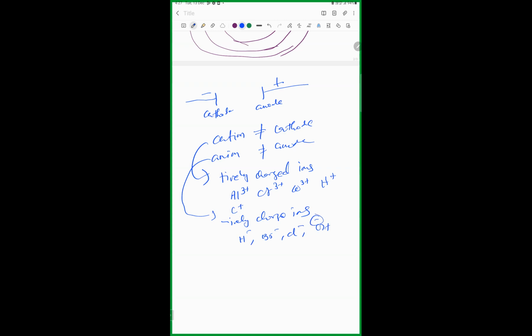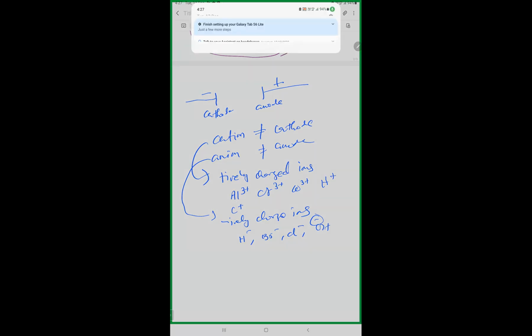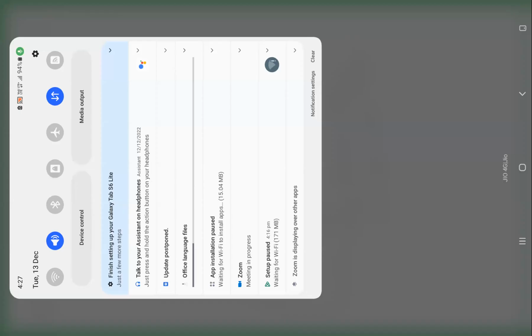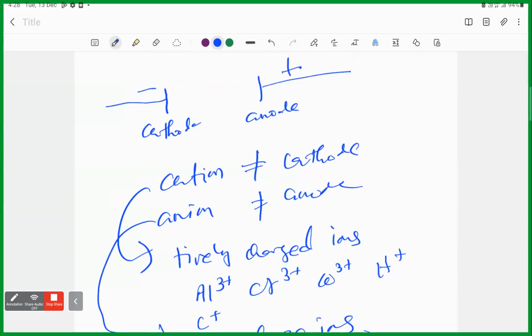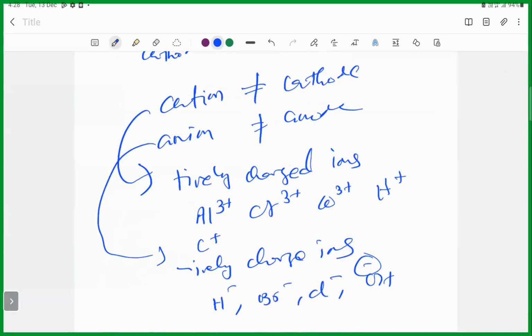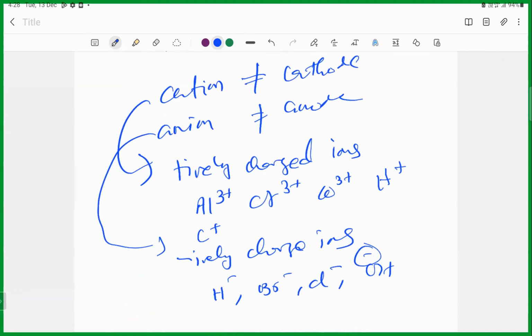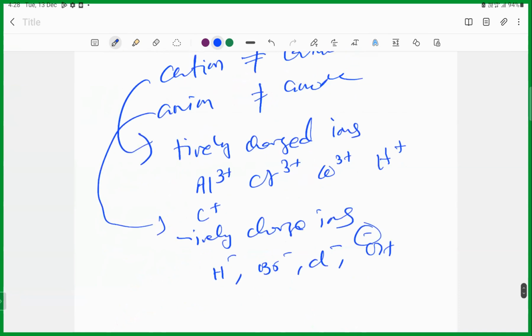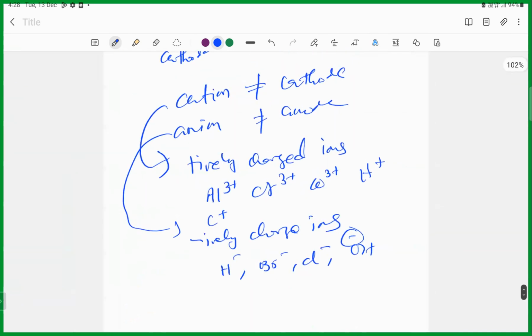So don't confuse cathode and anode with cation and anion. When the electrode charge is given, positive electrode or negative electrode is chosen based on that. When you come to electrochemistry, the terminology will be different.